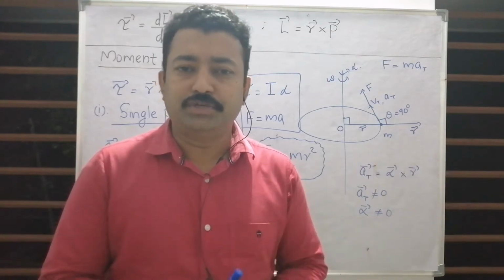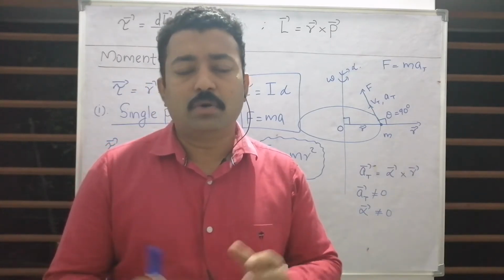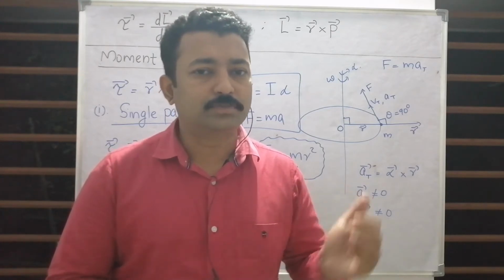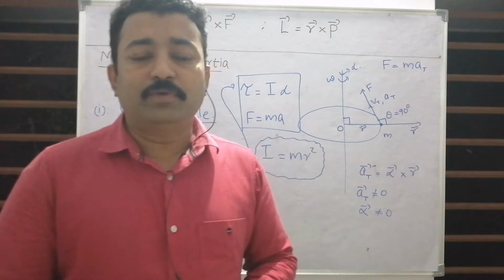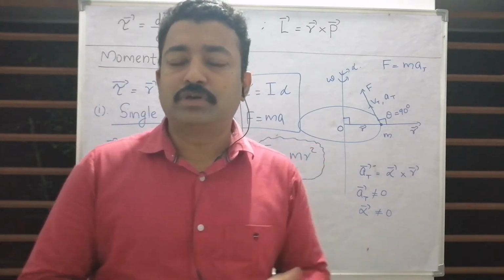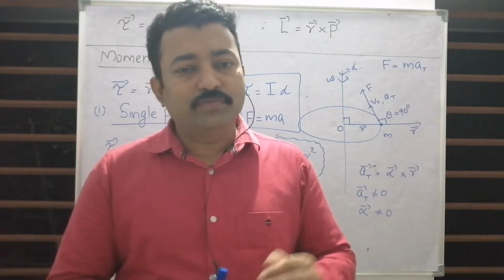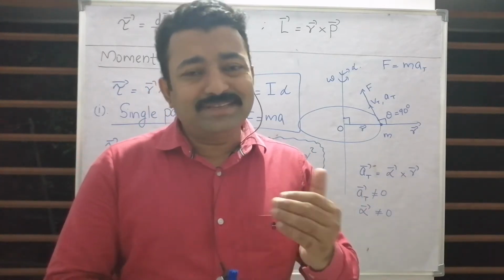Here we are continuing with the concept of moment of inertia in rotation and how it acts as the analogous property of mass. In the last session on moment of inertia of a single particle, I showed what moment of inertia is.